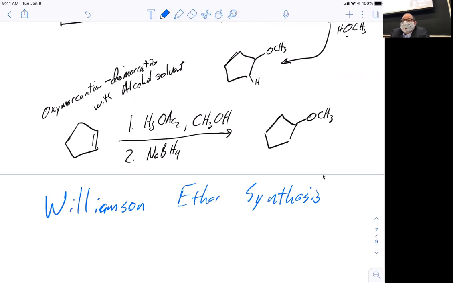If you were going to make an ether, and the main way to make ethers has ether synthesis in the name, you should try and remember that. For some reason, Williamson ether synthesis always gives students a hard time. I'm not sure exactly why. Williamson ether synthesis, you're making an ether. I'd go with the ether synthesis as my first process.